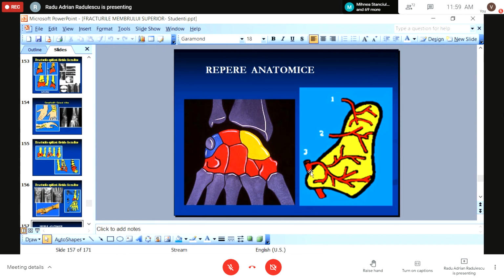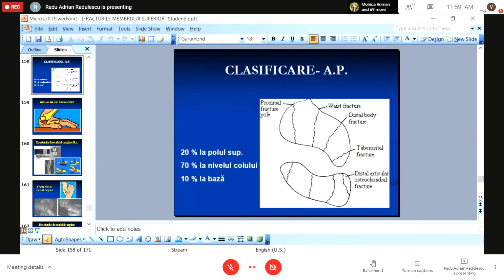The scaphoid bone is peculiar by the fact that 90% of its surface is covered by articular cartilage, and the only blood supply it gets is from its distal end. So whatever is proximal to the fracture, relative to this blood supply, will undergo necrosis.